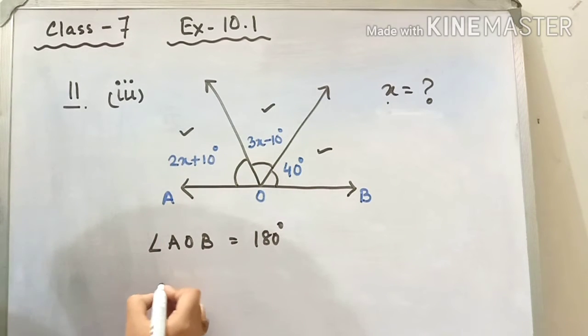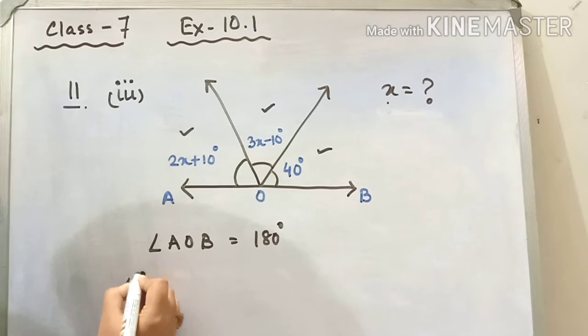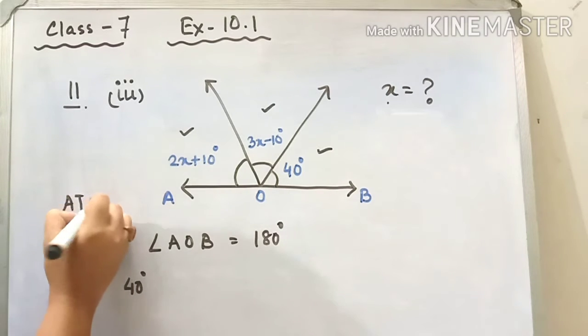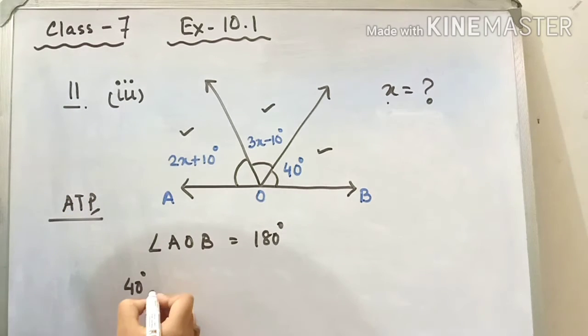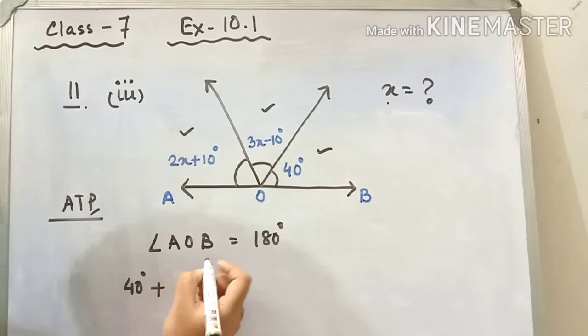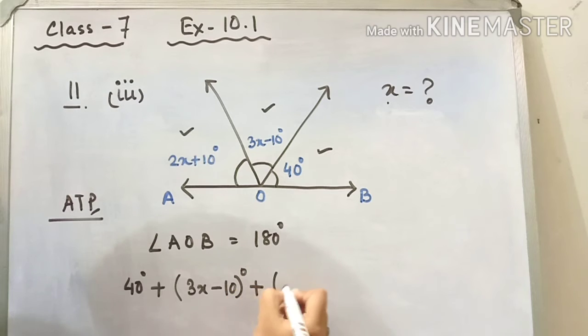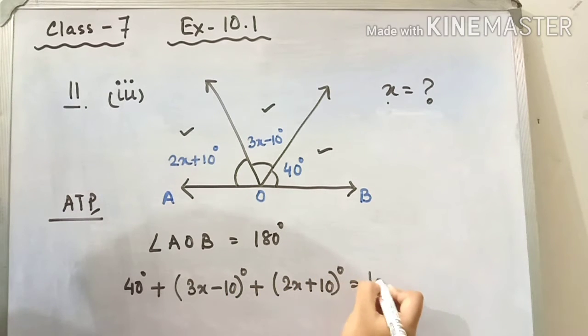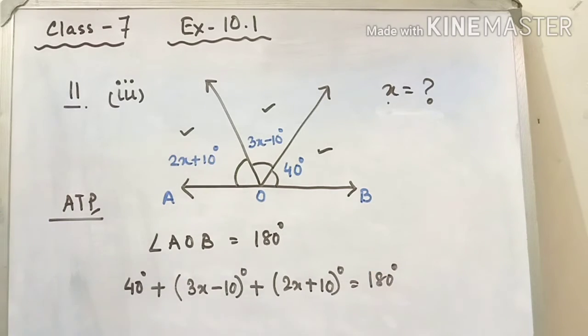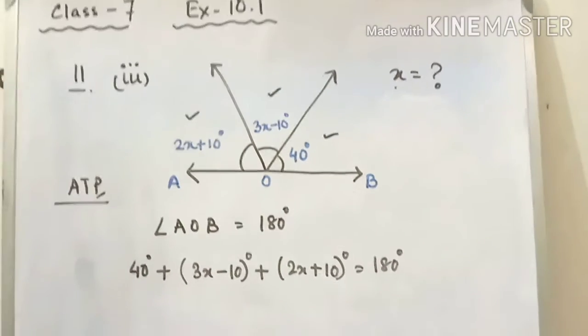So we can say that according to the ATP, you can write it down here: 40 degree plus 3x minus 10 degree plus 2x plus 10 degree is equals to 180 degree.